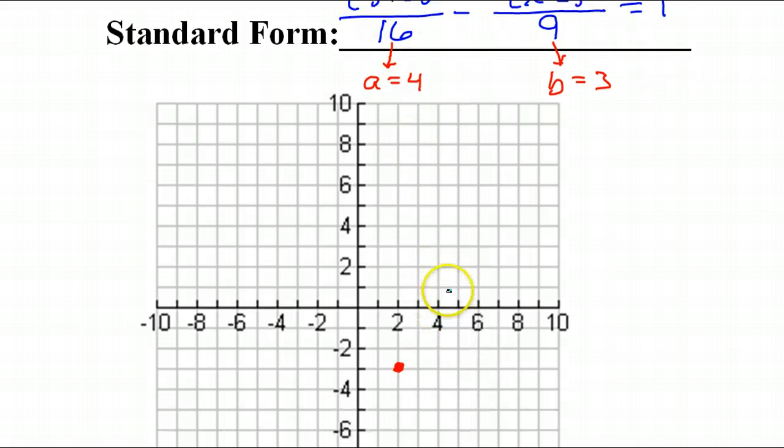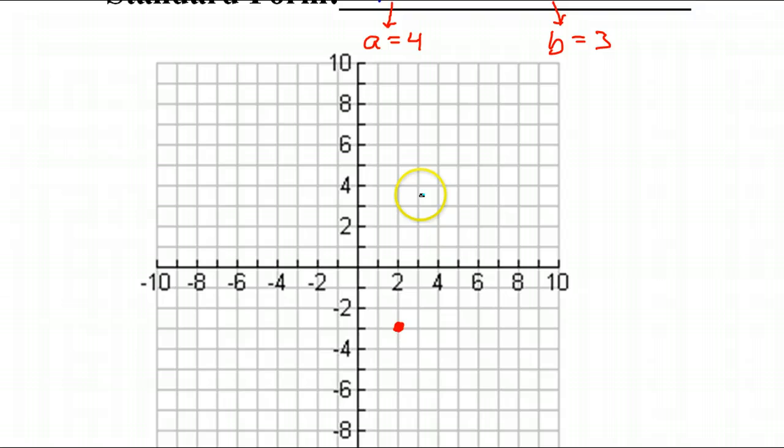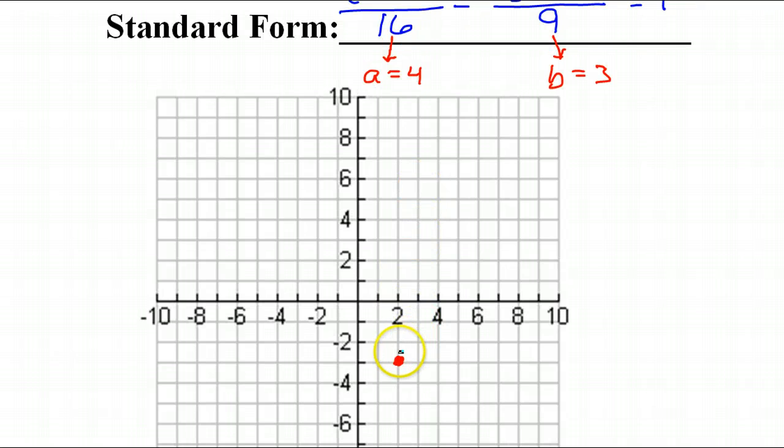That's for all the shapes, whether it's an ellipse or a hyperbola. So I'm going to go up 4, 1, 2, 3, 4, and I'm going to go down 4, 1, 2, 3, 4.